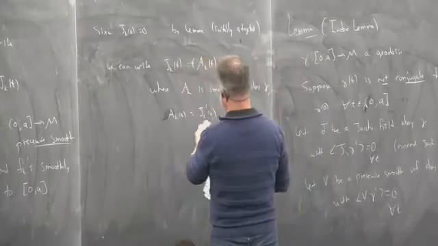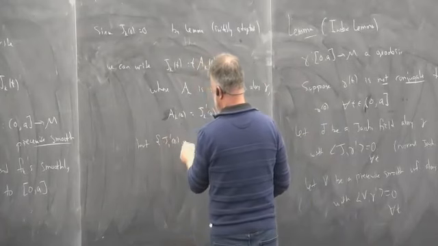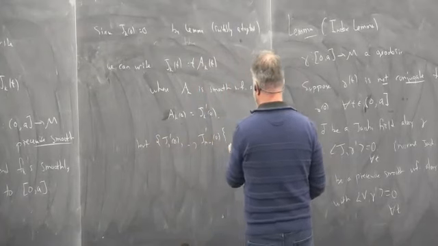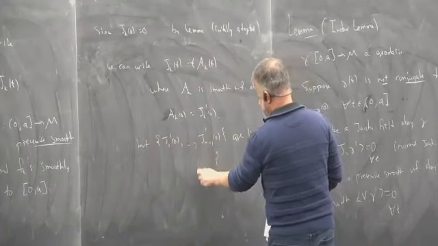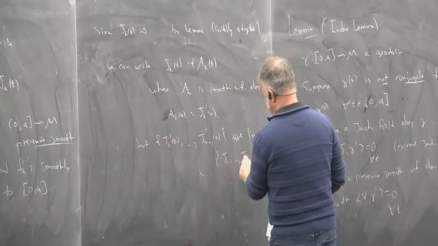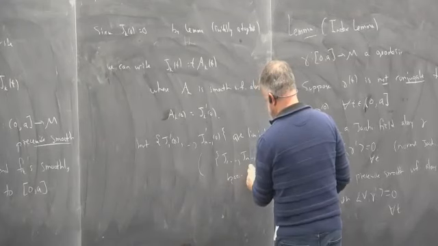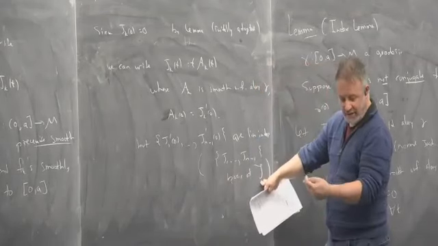Okay, but J1 prime at 0 up to J(n-1) prime at 0 are linearly independent. And that's because J1 up to J(n-1) is a basis of script J. Remember, script J were those Jacobi fields which vanish at the origin.